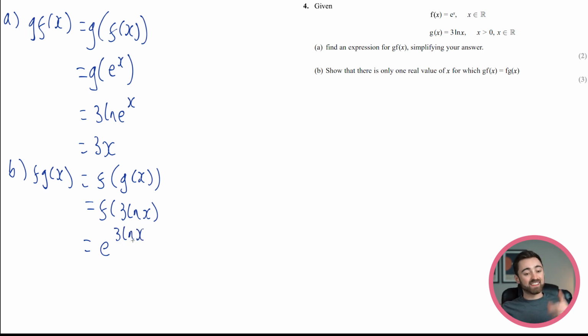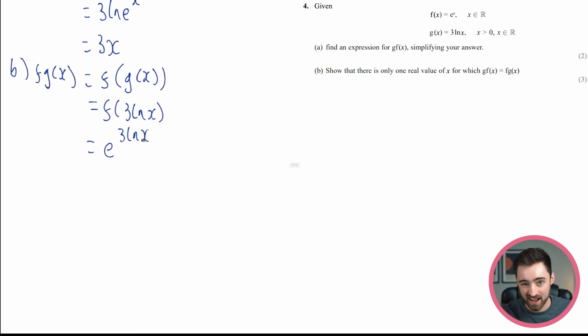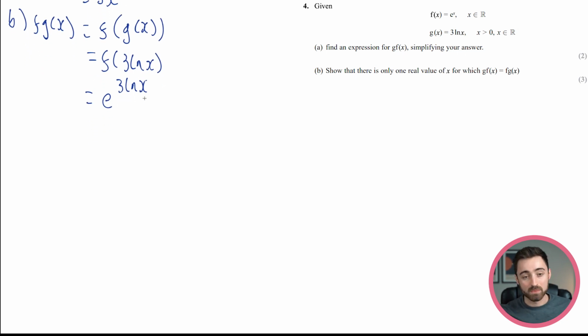Now, I said that ln and e are inverse and they cancel each other. They do, but we have to be careful. They need to be fully touching, right? So here, I can't quite cancel them because there's this 3 just in the middle of them. This 3 needs to get off, basically. Is there any way that I can just get this 3 to get off? I can use the power law here.